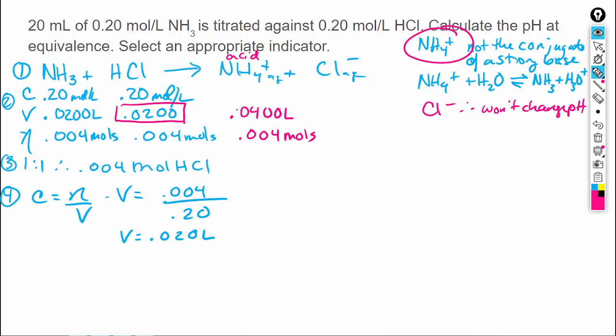So what's my concentration then? Step 6, what's my concentration of NH4 plus? I take the number of moles divided by the volume, so it's 0.1 moles per liter.